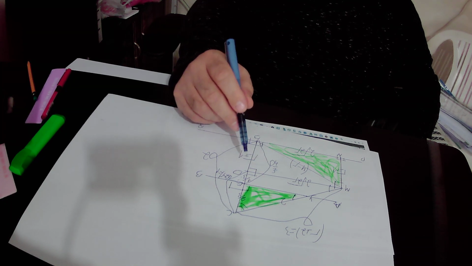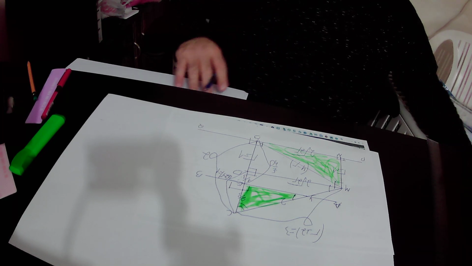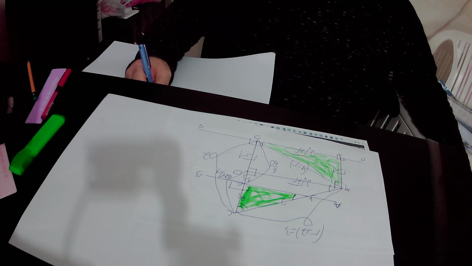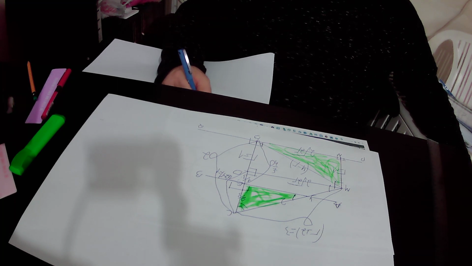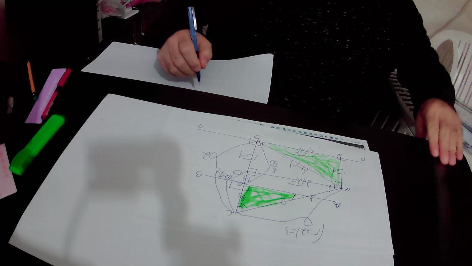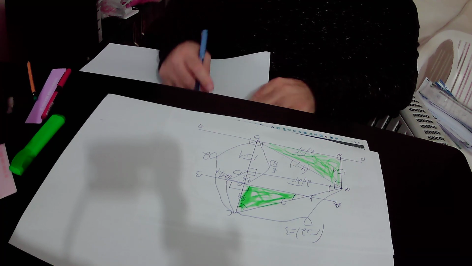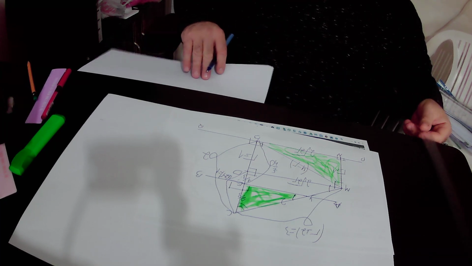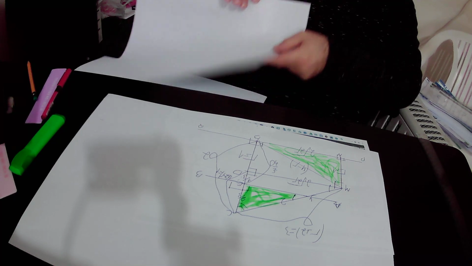But first of all, we have a new rule, rule number 5. Rule number 5 states that the sum of the angles on one side of a straight line equals 180 degrees.